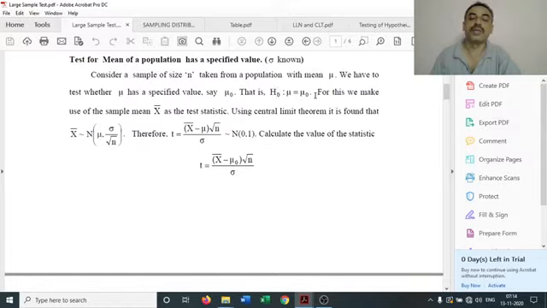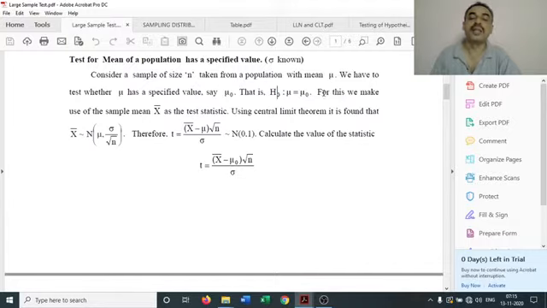For example, if the test is whether the mean of a population is greater than mu 0, we will set H0: mu equals mu 0 versus H1: mu greater than mu 0, which is a right-sided test. Likewise, if the test is whether the mean is less than mu 0, there also we set mu equal to mu 0 in the null hypothesis, but the alternative hypothesis will be H1: mu less than mu 0. It is a left-sided test.